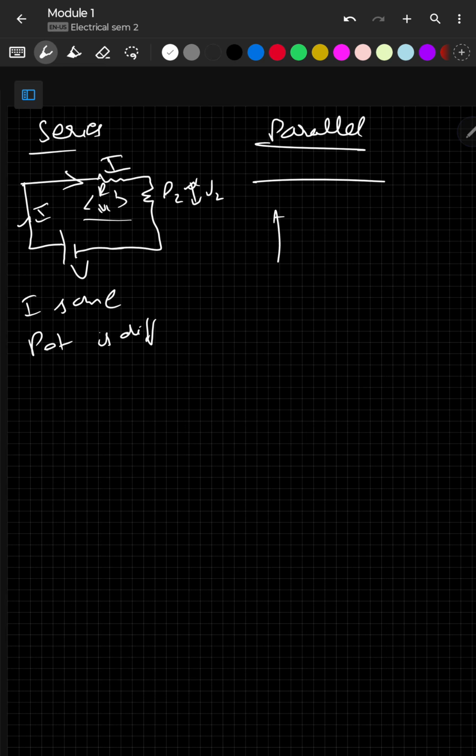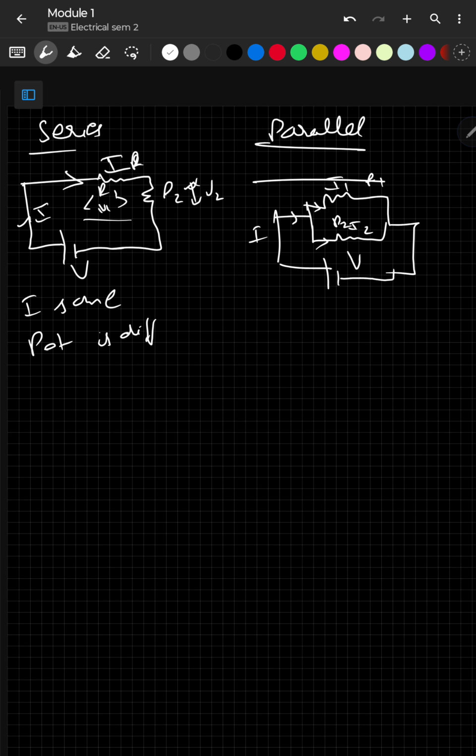Here in parallel, your potential is the same, but the current is different. Here I1, here I2, but in series there is a common current I. This is R1, this is R2, similarly in parallel. So in parallel, potential is the same and current is different.